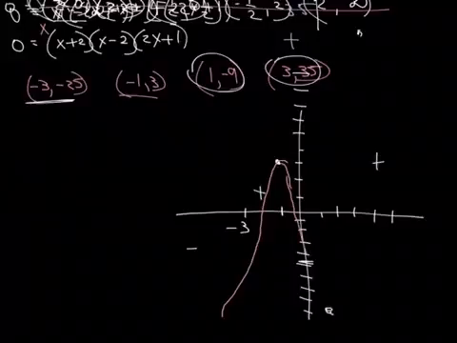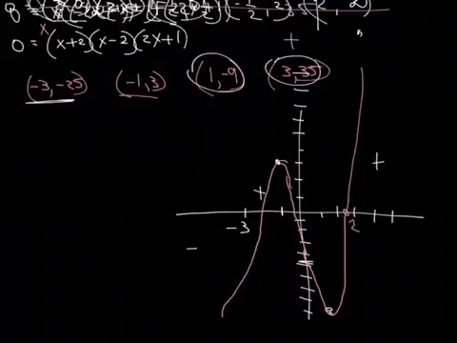And oh, we didn't find the y-intercept. We can do that in just a sec. It's going to turn here, and then it's going to go up through 2 right there, and look like that, which is very similar to what step 1 said it was going to look like.